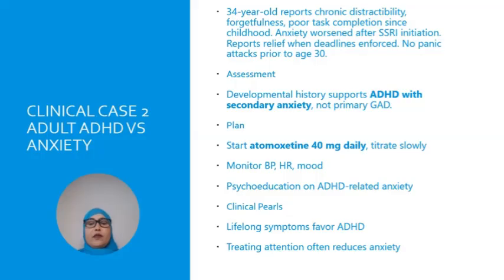Assessment: the developmental history supports ADHD with secondary anxiety, not primary generalized anxiety disorder. The plan is starting atomoxetine 40 milligrams daily and titrating slowly as tolerated.